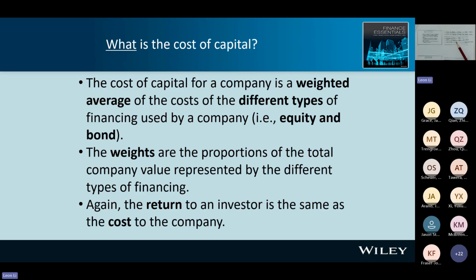All right. So in chapter 11, we give you the weight directly, but in practice, the company manager needs to decide the weight on debt and the weight on equity. Because of the time limitation, we will skip chapter 12. Chapter 12 discusses the capital structure. The issue is about the percentage or the weight on debt and the weight on equity.